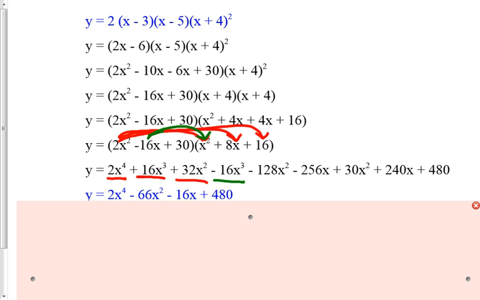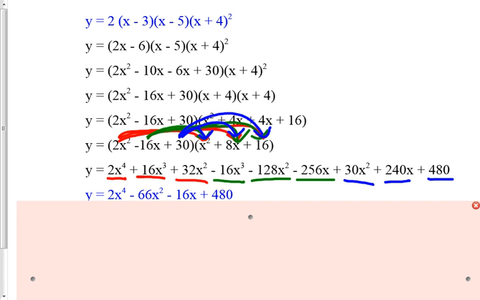Negative 16x multiplied by 8x is negative 128x squared. Negative 16x multiplied by 16 is negative 256x. Finally, 30 times x squared is 30x squared. 30 times 8x is 240x. And 30 times 16 is 480.